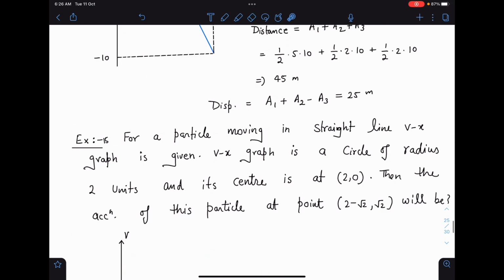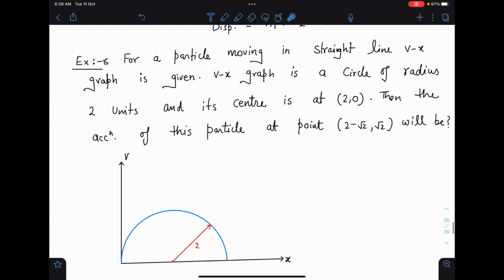So very easy example. Now for this problem we can say, for a particle moving in a straight line, the Vx graph is given. Vx is a circle of radius 2 units and its center is at 2, 0. Then the acceleration of this particle at 2 minus root 2, root 2 will be. Now in this problem, one approach is writing its function and then we can solve this.